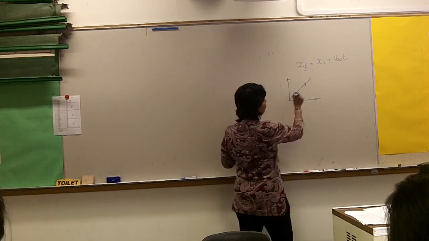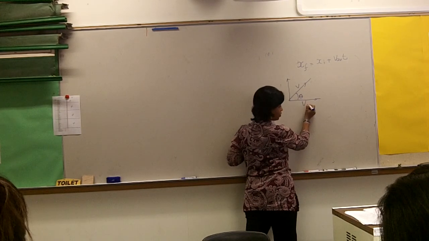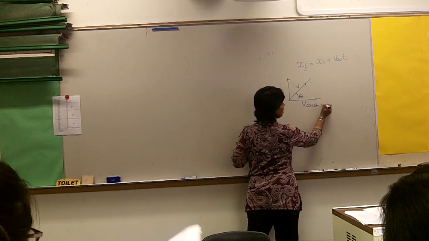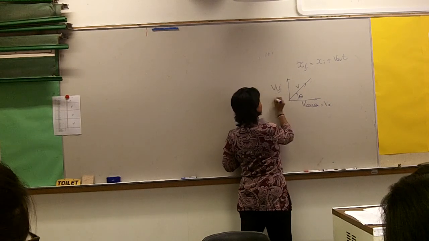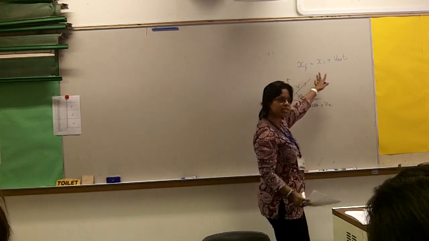So when we have a velocity, we always take the components: Vx for the x direction and Vy for the y direction. After that, we follow the same method.